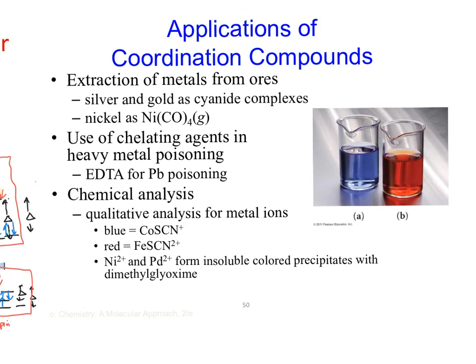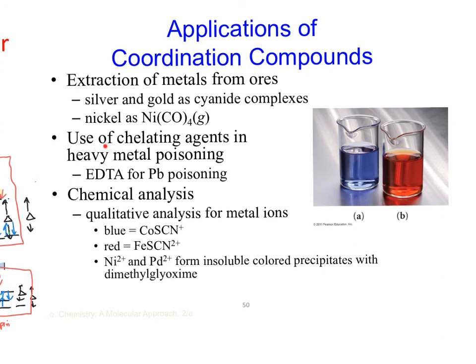Lastly, we're going to finish up looking at applications of coordination compounds. So a couple examples here: extractions of metals from ores. So silver and gold can be extracted as cyanide complexes. And what we're doing, we're using the solubility of the complex ions to allow the ions to be either removed from solution or removed from a solid.